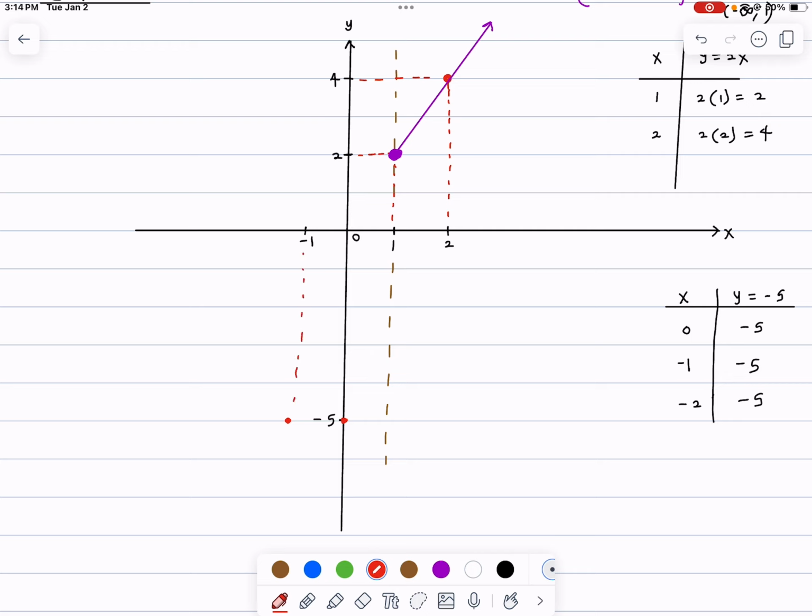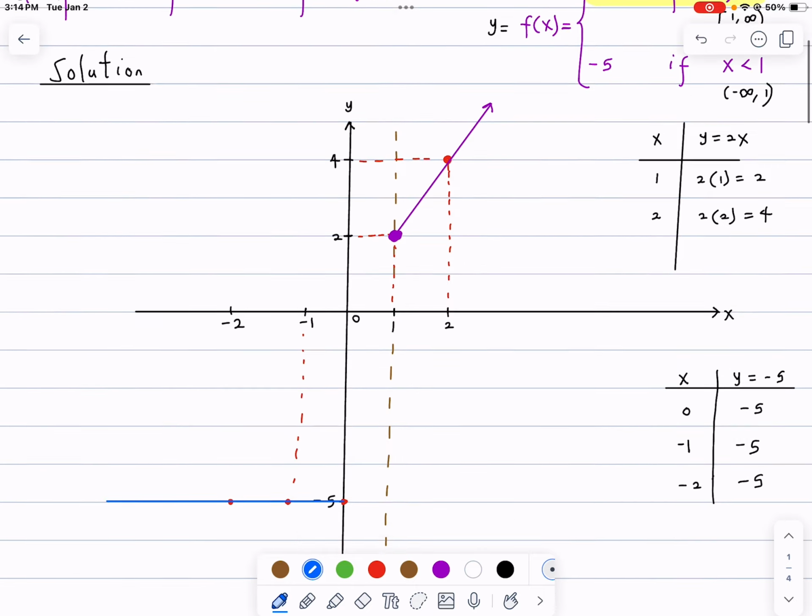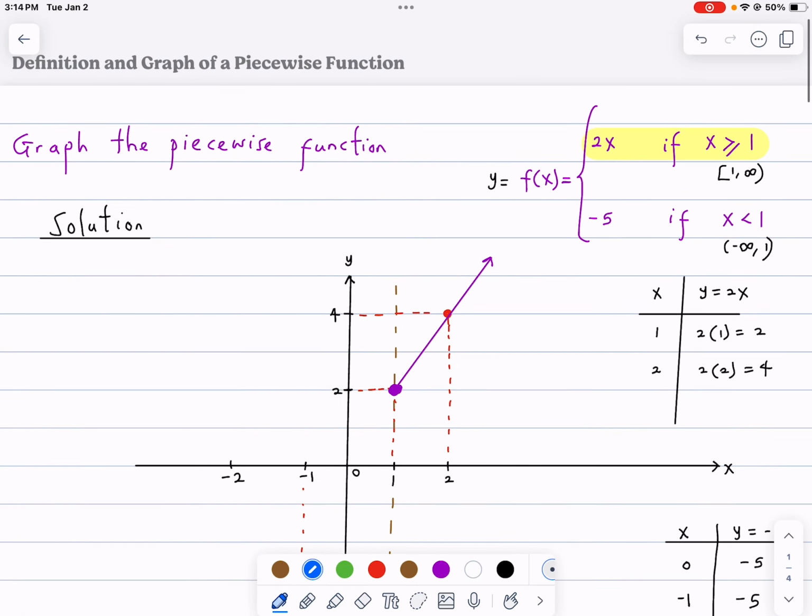When x is -2, sorry, my line is not that straight, but y is still -5, and it just keeps going. When x is -3, y is still -5. So I'm just going to connect those points together and then keep going to negative infinity, right? Because it's x strictly less than 1.